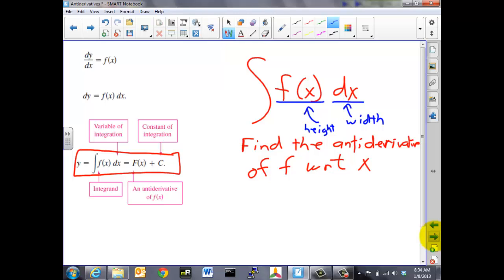Notice, though, I want you to look at this algebraically, all right? This is just another way of saying that the derivative of something is a function, right? If we think of this as algebra, can we multiply both sides by dx?